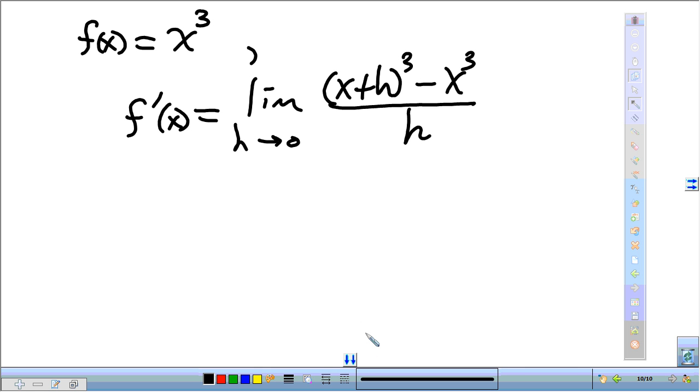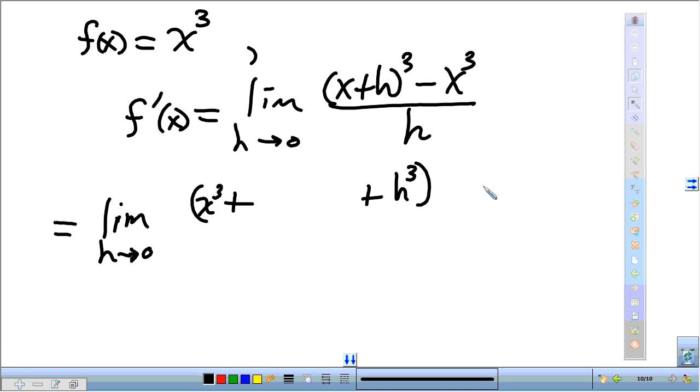As long as the 3 was replaced by a whole number, we would do a similar thing. We would multiply out this expression x plus h. One part of that multiplication will always be this x cubed, some other terms, and eventually h cubed at the other end.